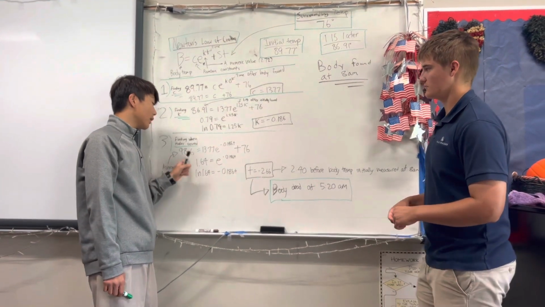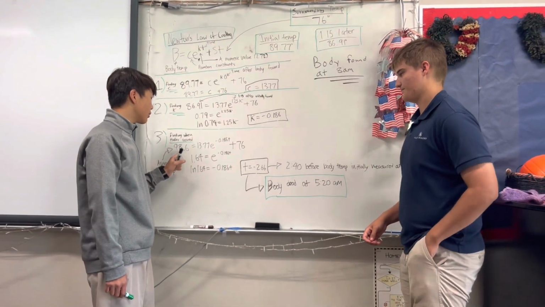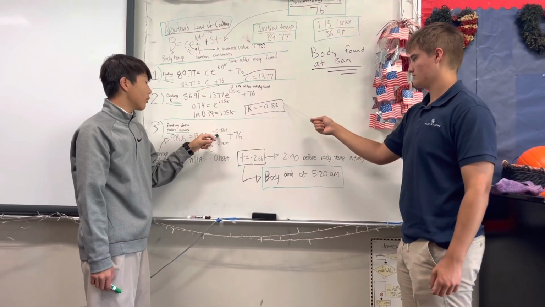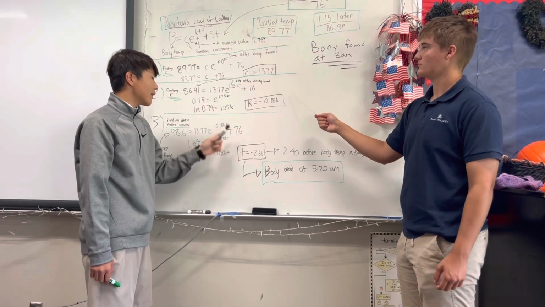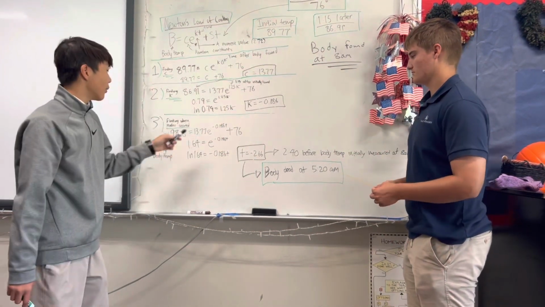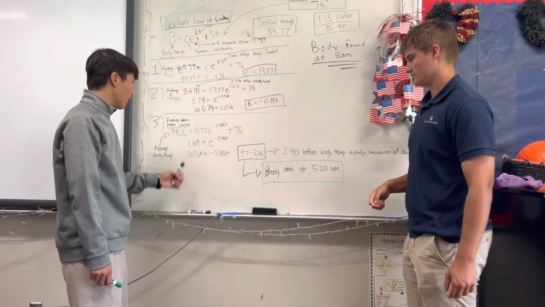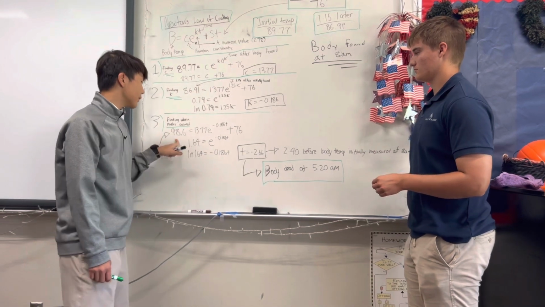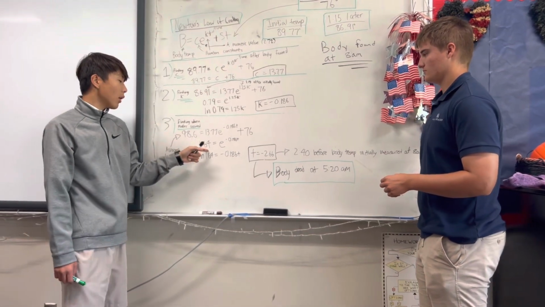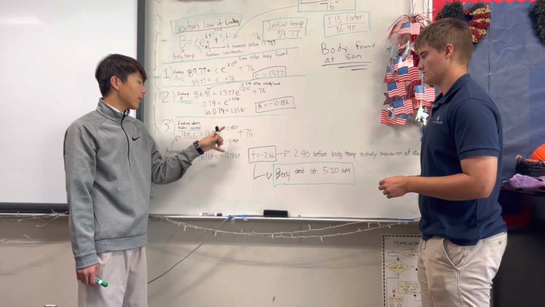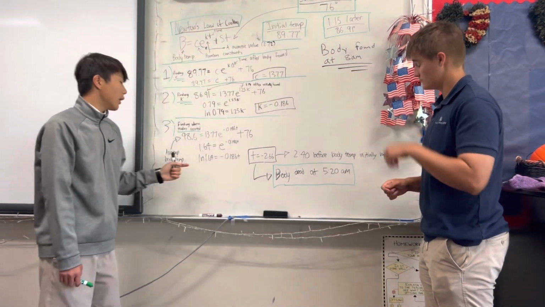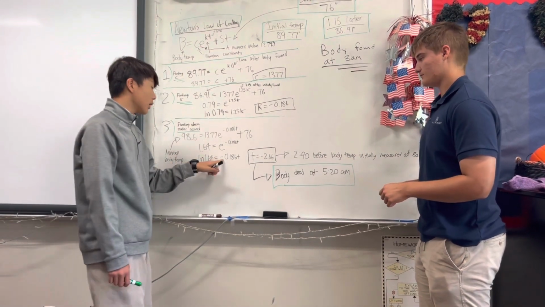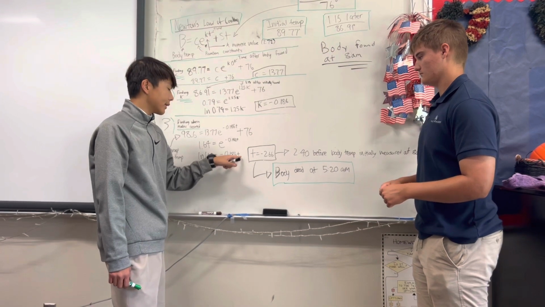So if we plug everything in that we found so far, which is 98.6 degrees and 13.77 for C, and negative 0.186 for K, and 76 degrees for the surrounding temp, we can figure out T. So if we minus 76 on both sides and divide by 13.77, we figure out that 1.64 equals e to the power of negative 0.186t. And using natural logarithms again, we figure out ln 1.64 equals negative 0.186t.